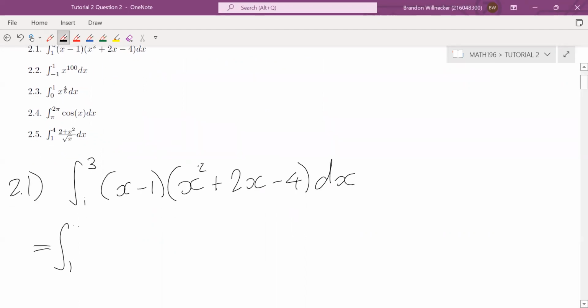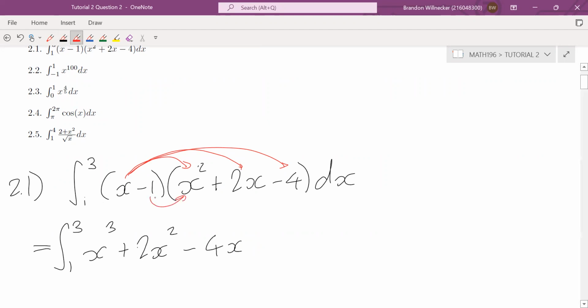So this will be the integral from 1 to 3. If I distribute the x into everything, I'm going to get x cubed plus 2x squared minus 4x. Then I distribute the minus 1 to everything, so I'm going to get minus x squared minus 2x plus 4.